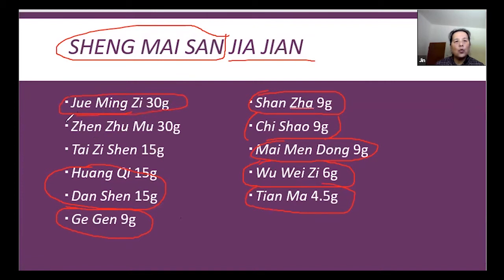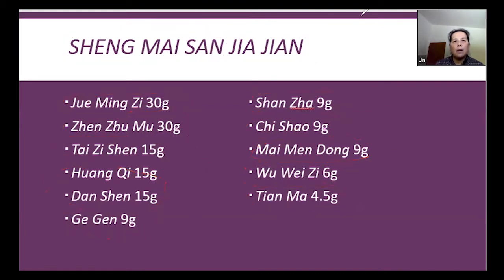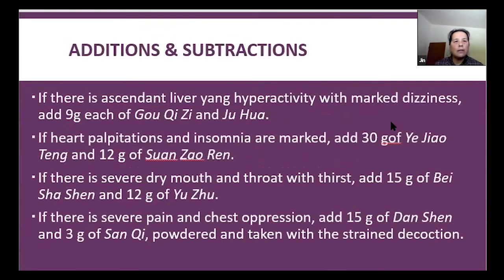And 珍珠 is in the same category. 太子参 still tonifies qi. So that's basically our treatment principle: tonify qi, nourish yin, move qi and move blood, and stop pain in the chest.